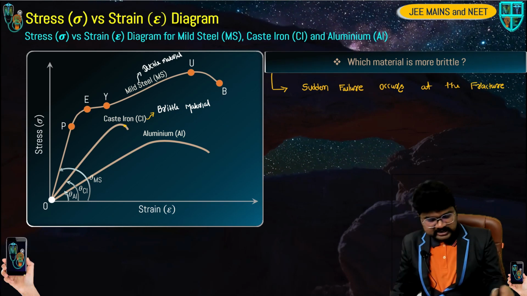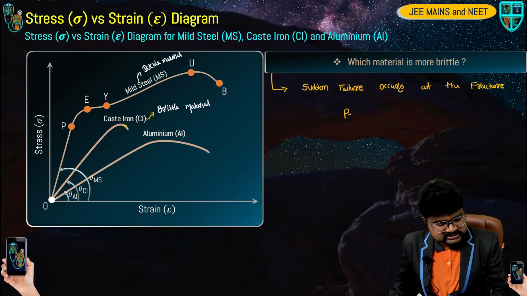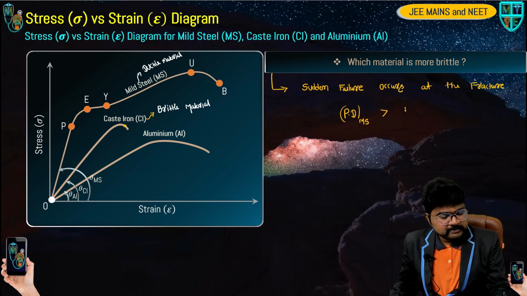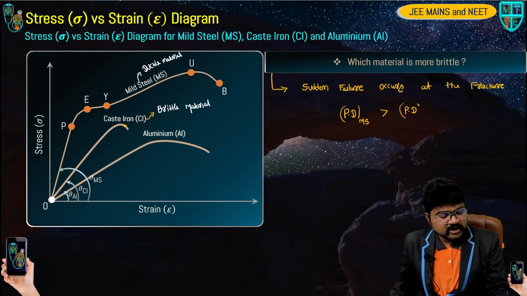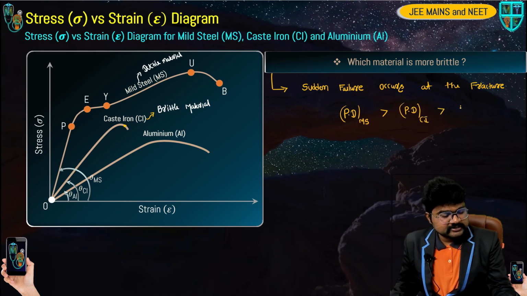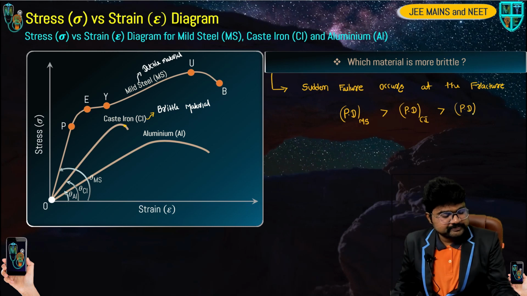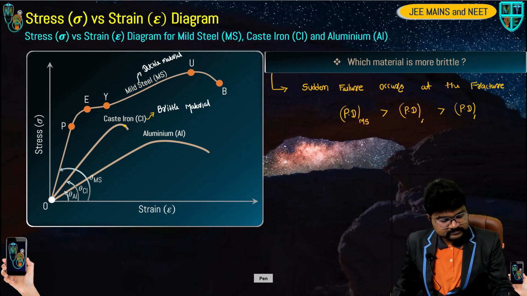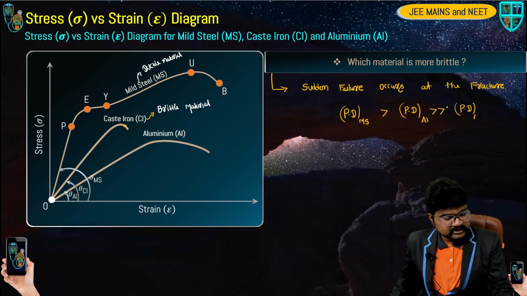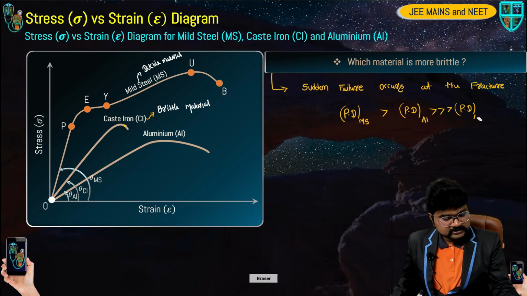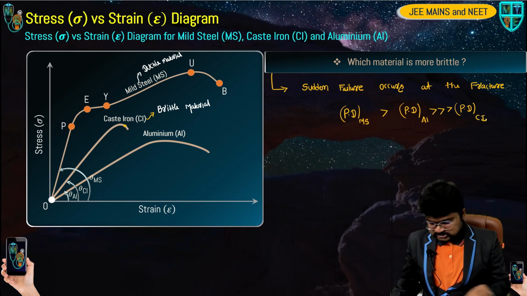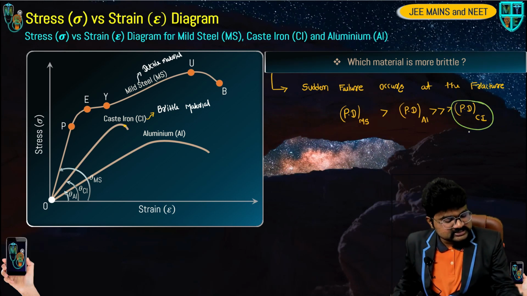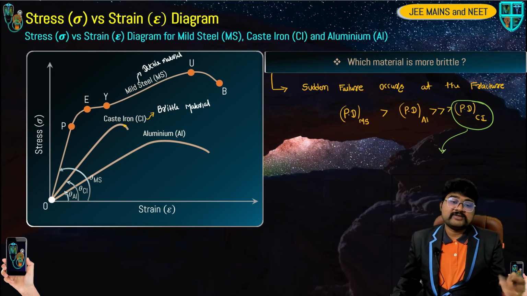We already know that the plastic deformation of mild steel is higher than that of cast iron, and far greater than aluminum is not relevant here; cast iron is not going into the plastic region, so it is very less.